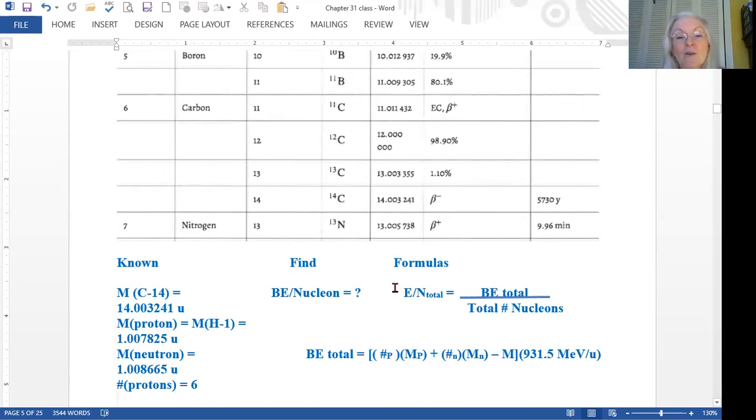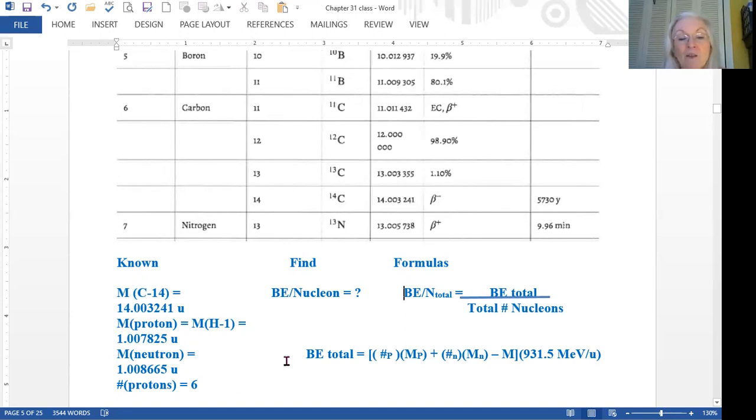For the formula, we're trying to find the binding energy per nucleon. So the binding energy per nucleon is the total binding energy divided by the total number of nucleons.